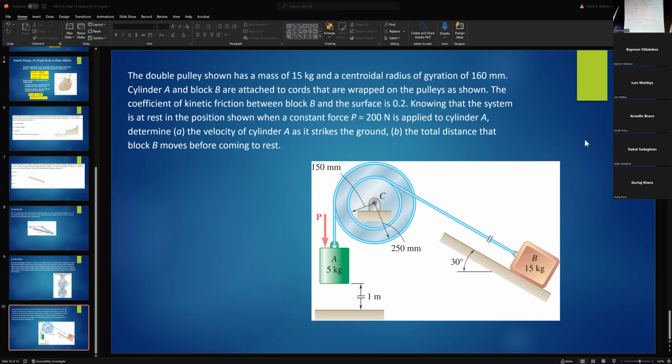Of course, the 15 kilograms is fighting it because it's going up at sine 30 degrees times that mgh, and then you also have to account for the resistance of the pulley. So there are a few things going on here, but this will be a good example to break all those out and keep them consistent, so that you just set up one energy equation like we did in the last 2 examples.